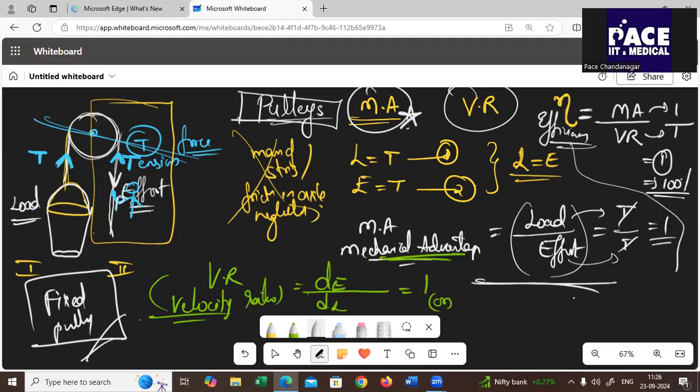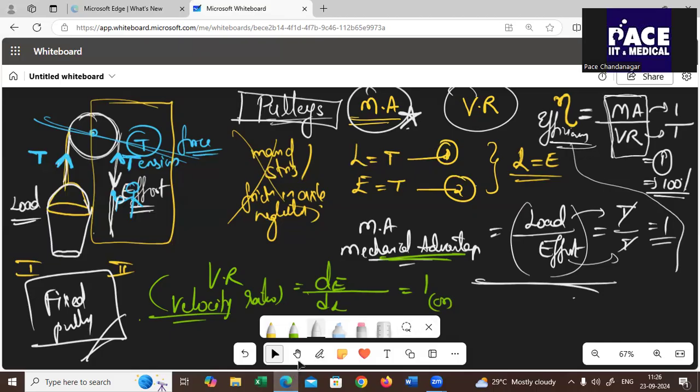Velocity ratio is distance traveled by the effort arm by distance traveled by the load arm. Here, in this case of the fixed pulley, it is going to be 1. So efficiency is always mechanical advantage by velocity ratio, which is anyway 1, which is 100%.